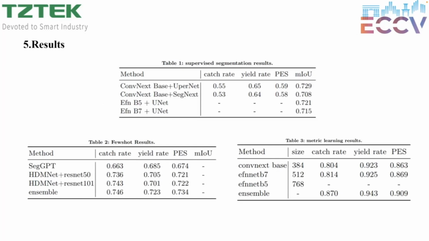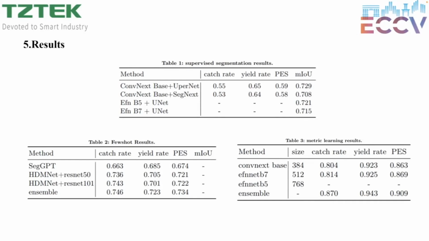In results, we present some experiments we conducted during the competition and their corresponding results. Table 1 shows that using only supervised method achieves a maximum PES of 0.59.